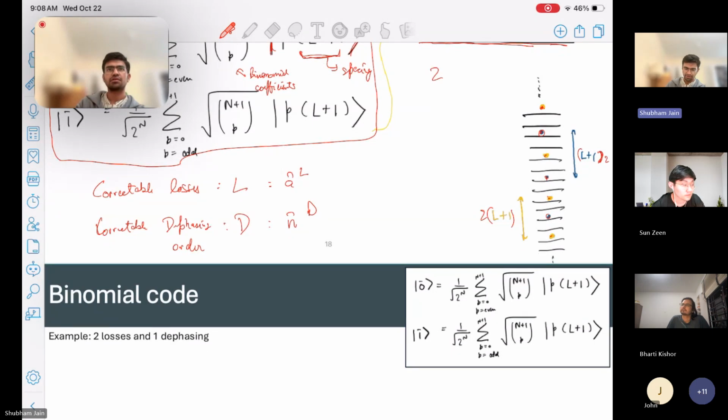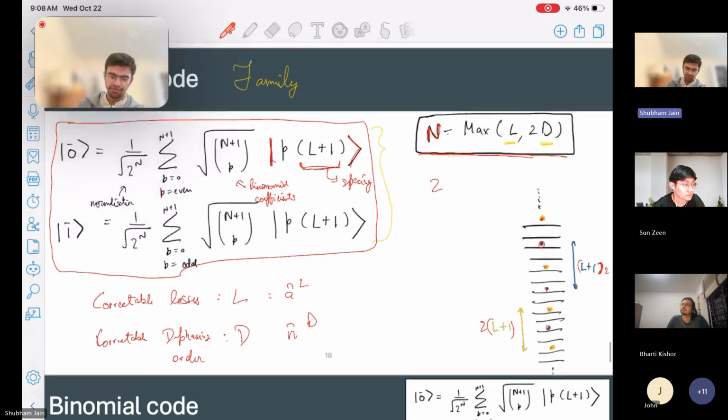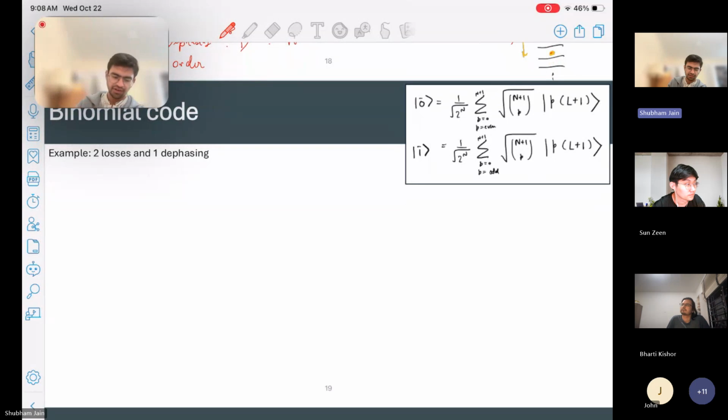Okay, let's do another example just to see how this recipe works. Instead of correcting against one loss only, we will now construct a code which can correct up to two losses and also one dephasing error. Before writing down the states, let's compute what n is.